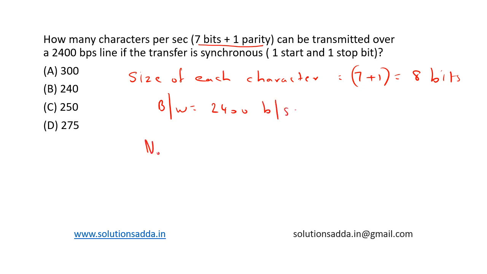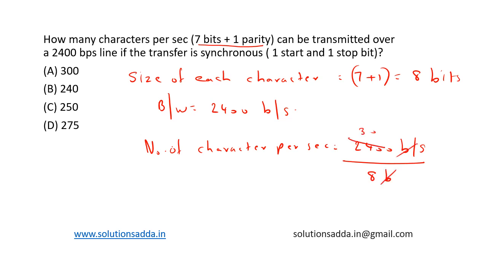So number of characters per second is equal to 2400 bits per second divided by 8 bits. So we get 300 characters per second. So the correct answer is option A.